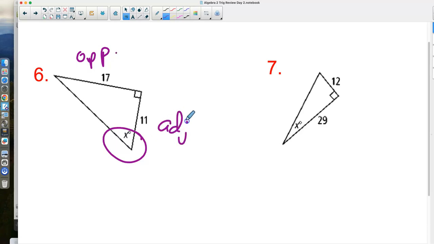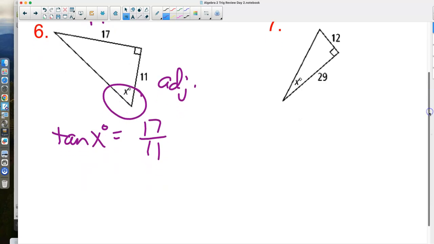Adjacent. Which trig function? Tangent. So the tangent of x degrees equals 17 over 11. Does anybody remember from last year how we're going to use that calculator to work backwards to give us the angle? Obadiah, do you remember?